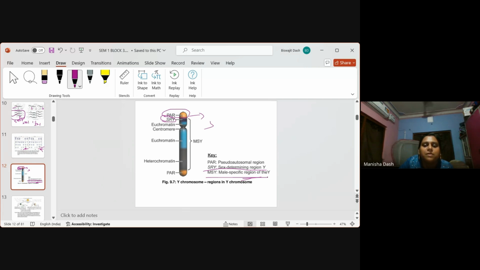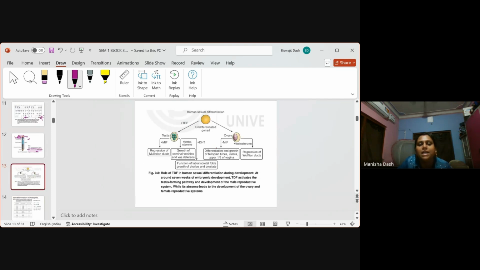This male specific region Y includes the euchromatin, the heterochromatin region, and the centromere. These are the characteristics of the Y chromosome. In addition to this, the SRY, the sex determining region on the Y chromosome, is highly responsible for determining male and female. So how exactly does it happen? What is the mechanism behind this?